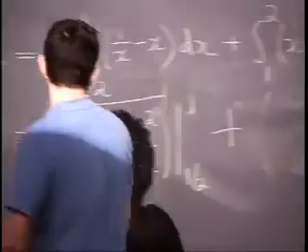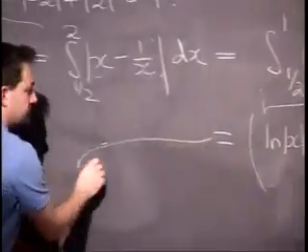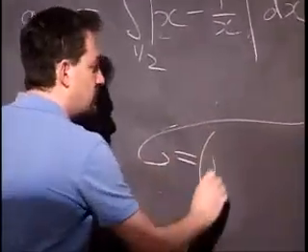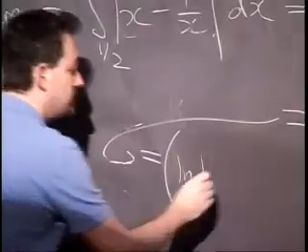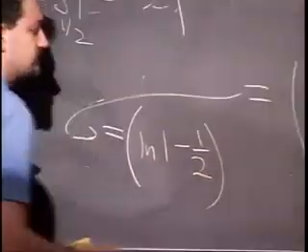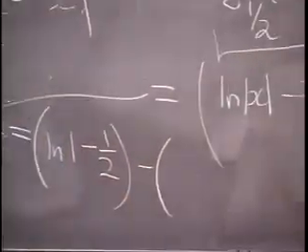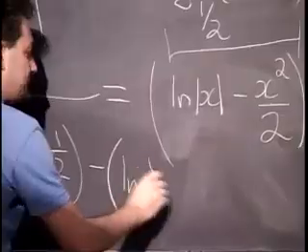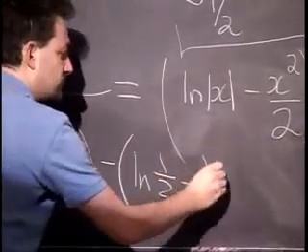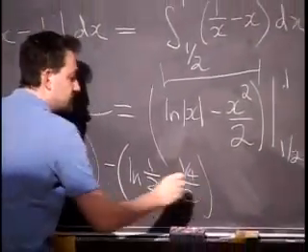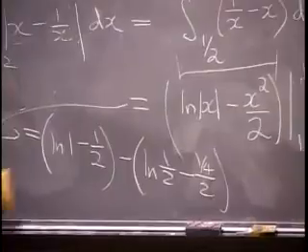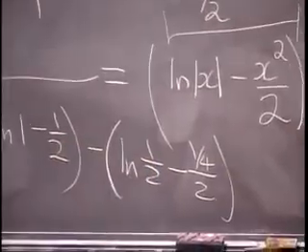Well, what do we get? We get log 1 minus 1/2 minus log 1/2 minus 1/4 over 2. And by the way, log of 1/2 is negative log 2.